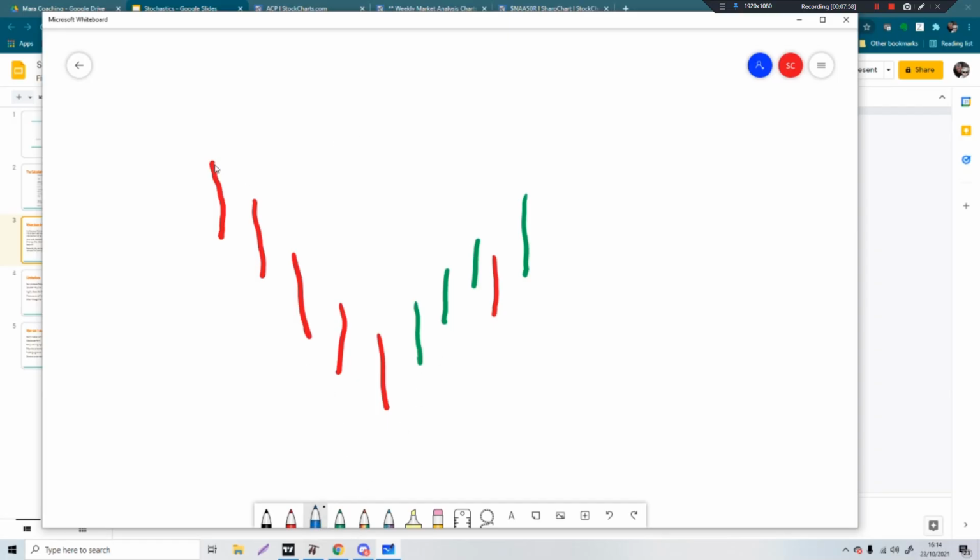So if we were doing a 10 period stochastic of this chart, this here is our high, and this here is our low. And what that equates to on a stochastic is the 100 mark, and that is the 0 mark. Now, where this price closes is what gets plotted on your stochastic indicator. So I'll draw these out for you.